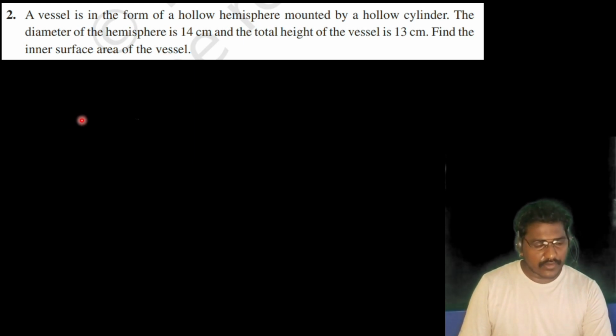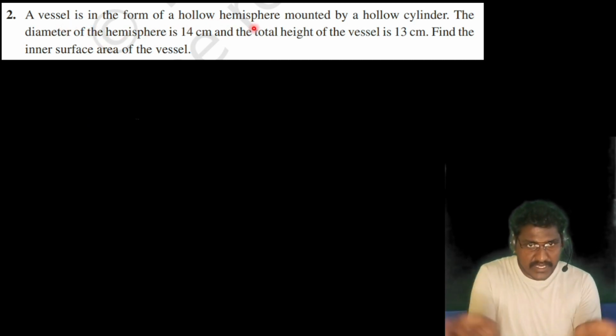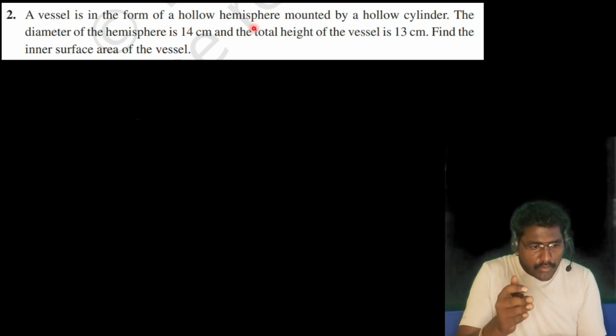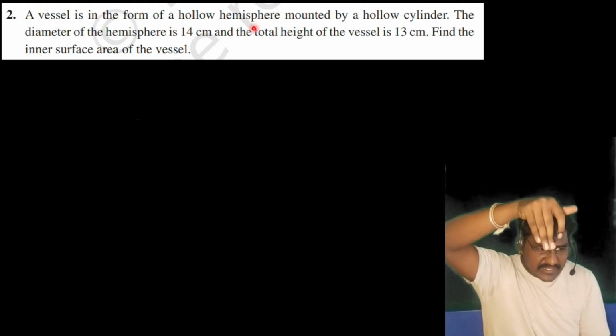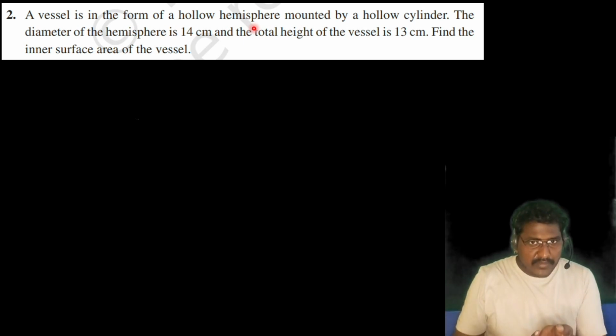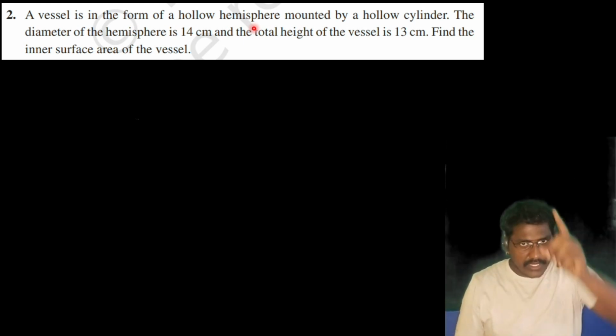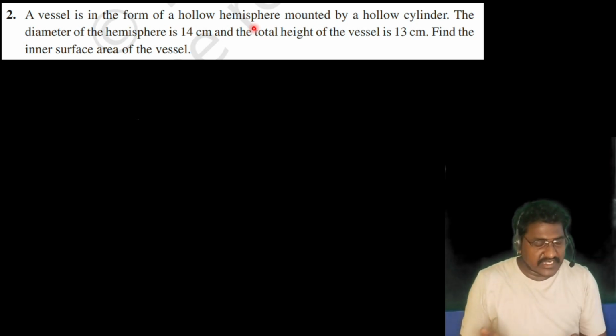But before drawing the diagram, let me make it very clear that a vessel is in the form of a hollow hemisphere mounted by a cylinder. See, if a hemisphere is mounted on a cylinder, it means the hemisphere will be on the top. Remember my statement. Observe the sentence here.